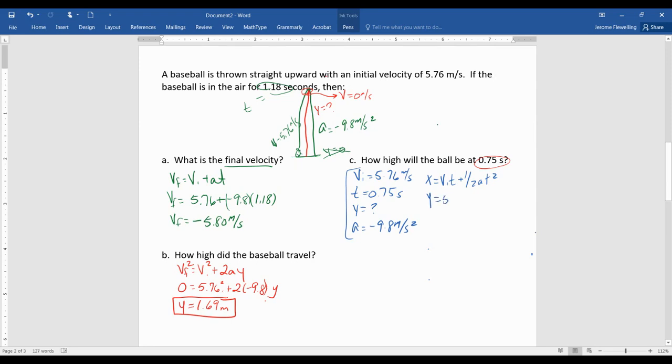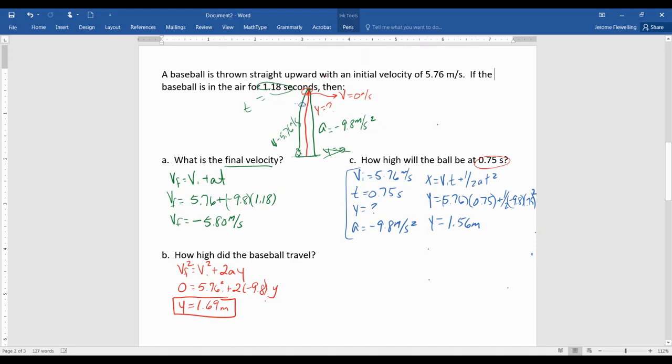My initial velocity is 5.76 times a time of 0.75 plus half of a negative 9.8 times a time of 0.75 squared. Punch all that into your calculator, and you should get a height of 1.56 meters, which means that it is just slightly below our maximum height here.